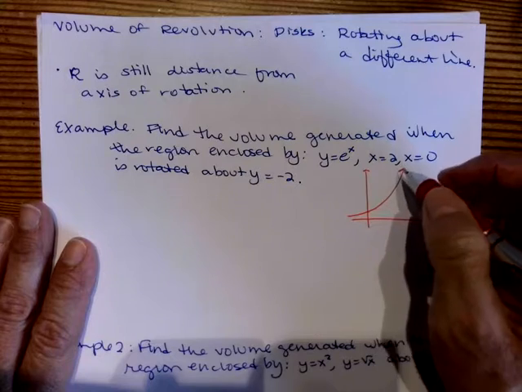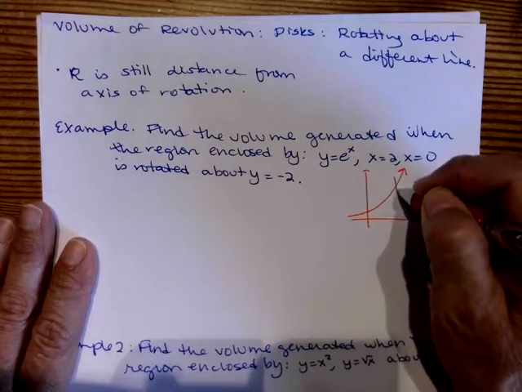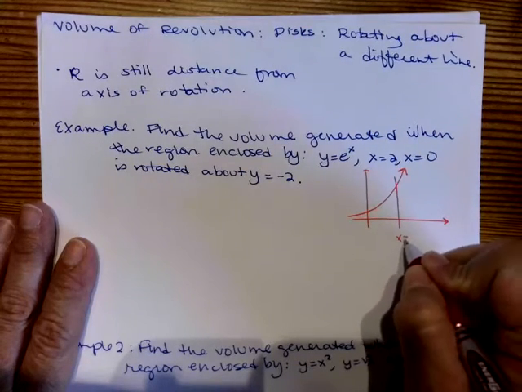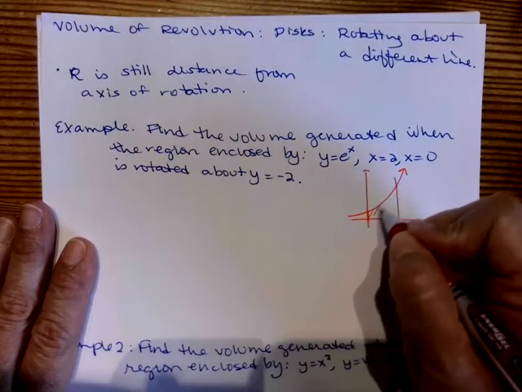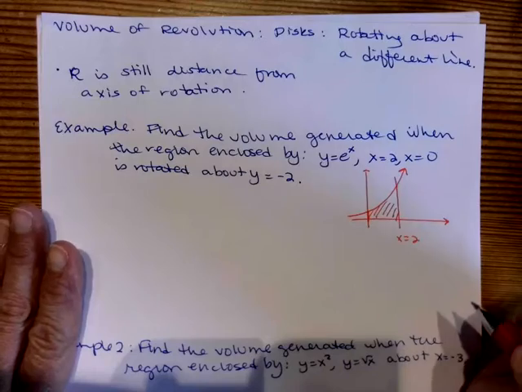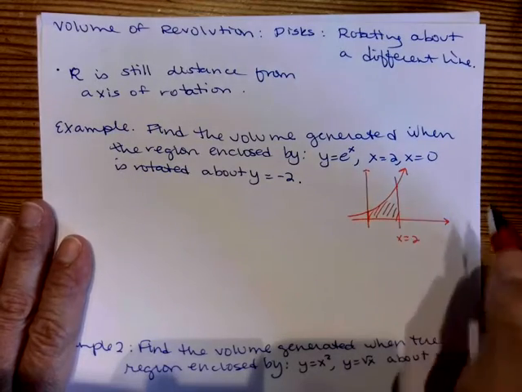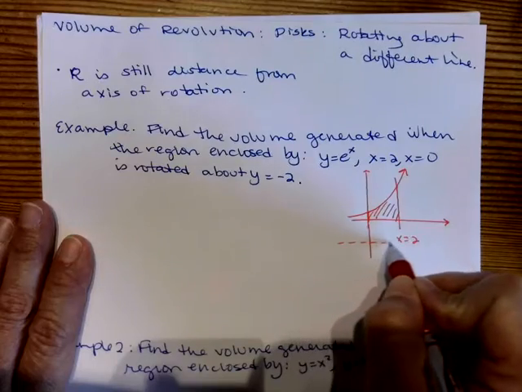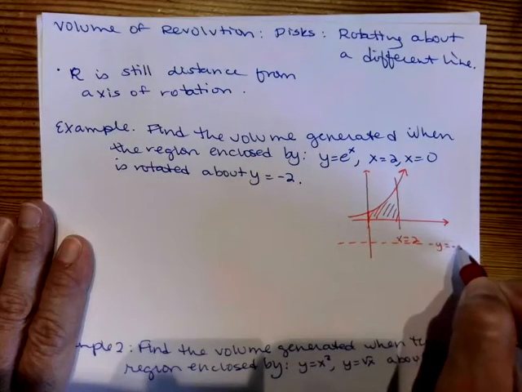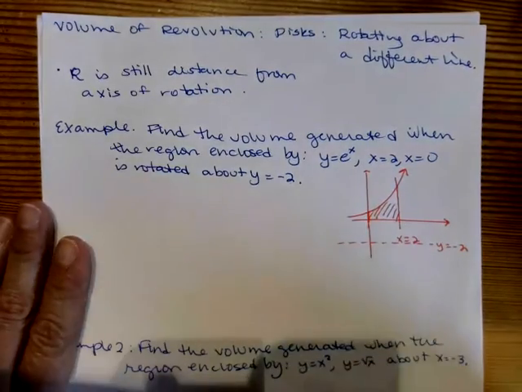X equals 2 looks like this, and x equals 0 is the y-axis. So we're talking about this region right here, and what we're spinning around is the line y equals -2, a horizontal line down here at -2.